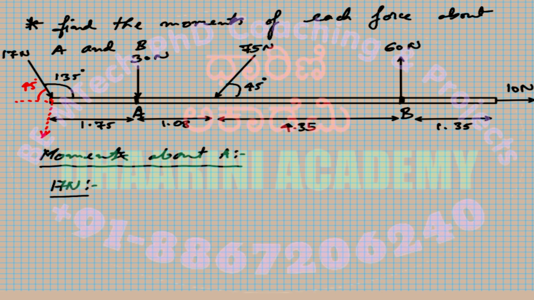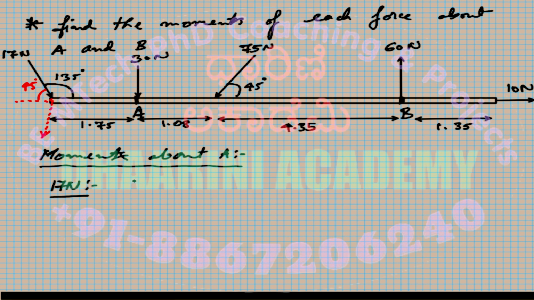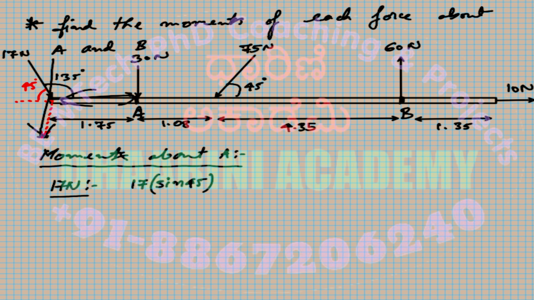The y component of this 17 Newton force is 17, and the angle is given with respect to the x-axis, so sine 45. 17 sine 45 is the vertical component. Now when I say vertical component, I know the shortest distance. The perpendicular distance is directly given.